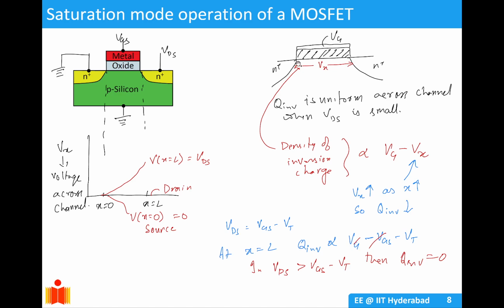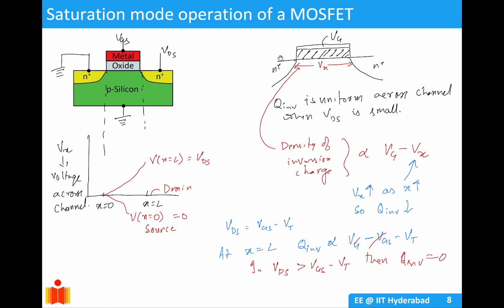what happens is that this difference between VD and VS changes the voltage drop across this channel.